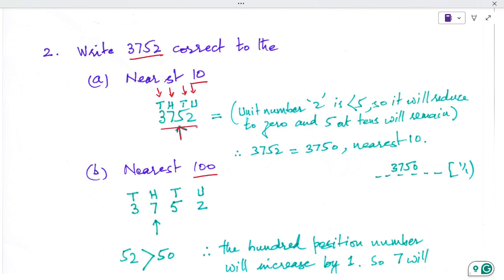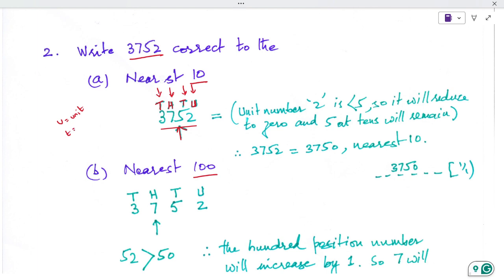I have written U on top of 2, T on top of 5, H on top of 7, and T on top of 3. U means unit, T means tens, H means 100, and T again means 1000.